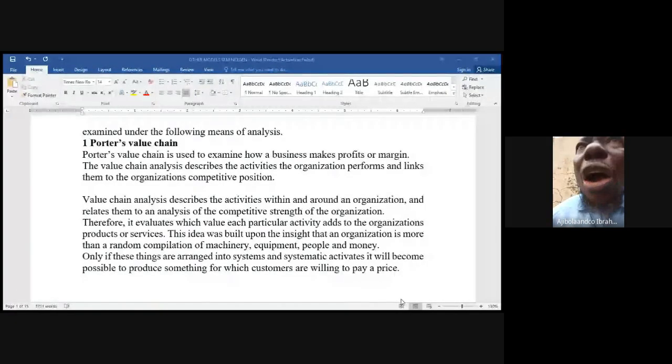That's the logistics. Then operation means the real conversion: mixing the flour, putting it in the oven, then bringing it out. So that is operation. Then when you move them to where you sell them, put a proper wrapper, put them in a box or keep them somewhere, that is the outbound logistics. Then the people that go to sell it, those are the marketing and sales. Each of them is very important.